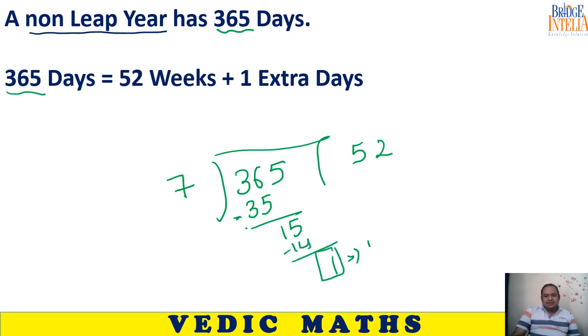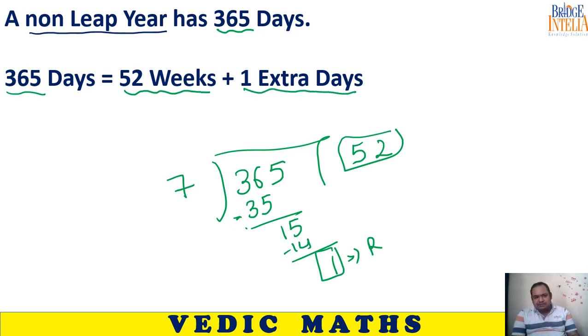So the quotient is 52 and the remainder is 1. It means 365 is equal to 52 complete weeks plus 1 extra day. If you understand the structure properly, one non-leap year basically means 52 complete weeks plus 1 extra day.